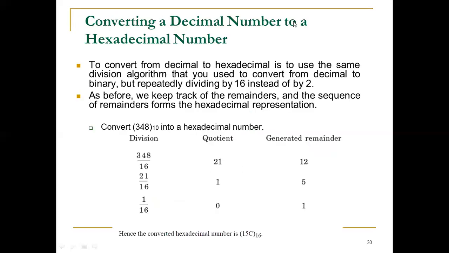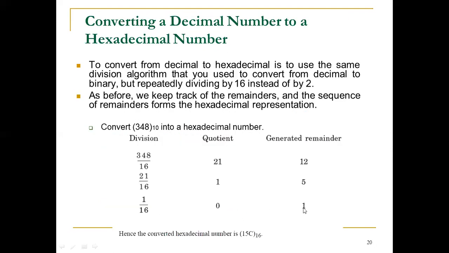Converting a decimal number to a hexadecimal number. Then here 348 should be converted into hexadecimal number. So if you solve this, 348 divided by 16, 21 is the quotient and the generated remainder is 12. Again 21 divided by 16, here quotient is 1 but remainder is 5, and continue up to 0 value.